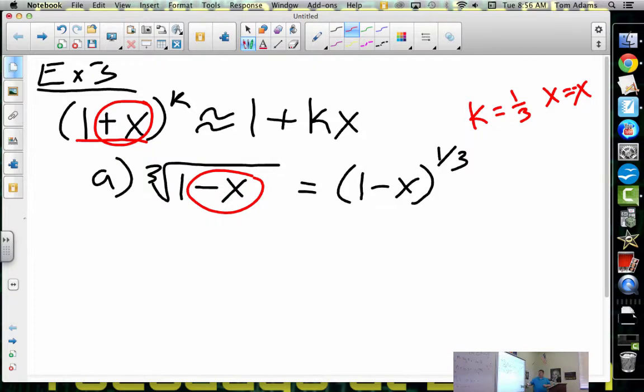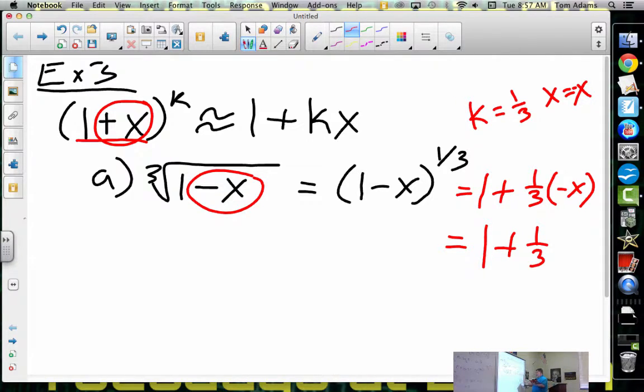So if I wanted to approximate the value of this, I'm simply going to write 1 plus k, which is 1/3, times x, which is negative x. So this is 1 plus, actually negative, 1/3 x. And that's it.